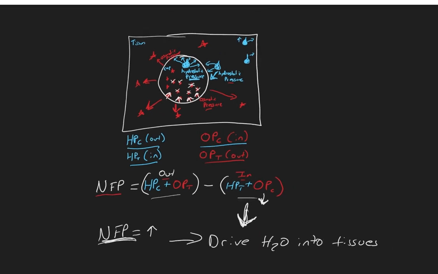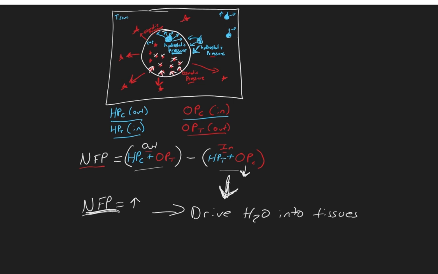Now, one of the things that we also have to keep in mind is that if we look at our capillary, it's a blood vessel, it's a tube, looks sort of like this, and blood moves through the tube like this. We have a net filtration pressure on the arterial end, and we have a net filtration pressure on the venous end.